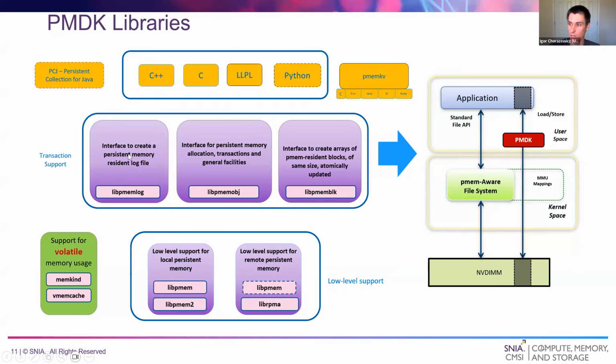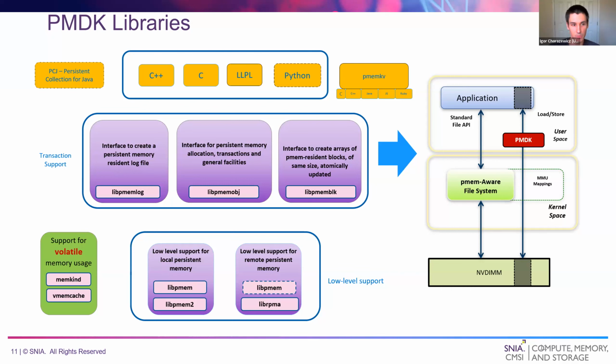On a higher level, we have libraries that provide transactional support. So we have an interface to create a persistent memory resident log file through libpmemlog. We have libpmemobj that allows you to transactionally allocate objects and provides you with a way to modify those objects in a consistent manner.